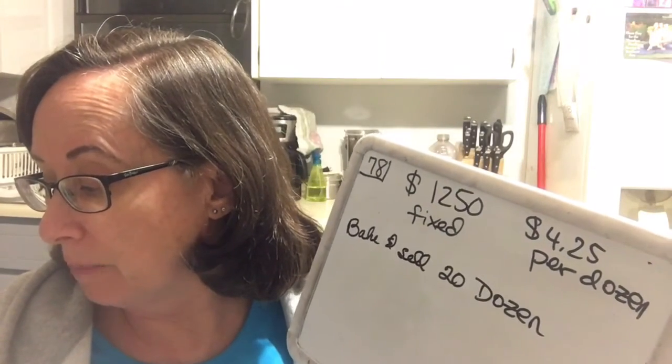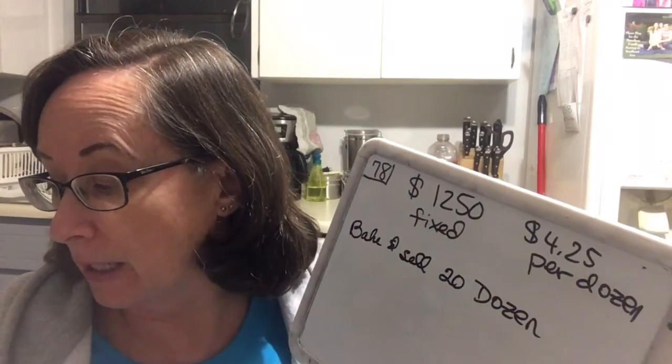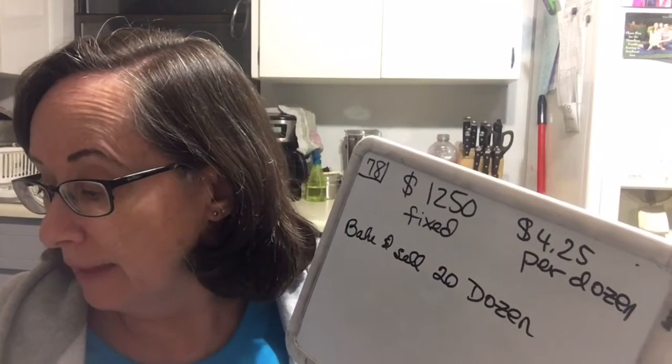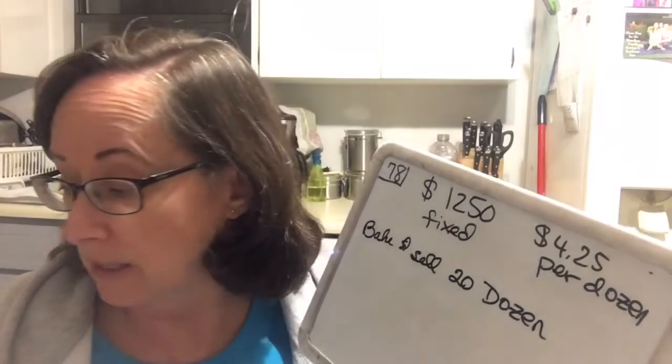Write an equation that can be used to determine the total cost when X dozen of cookies are baked and sold. Then determine the total cost of baking and selling 85 dozen gourmet cookies.